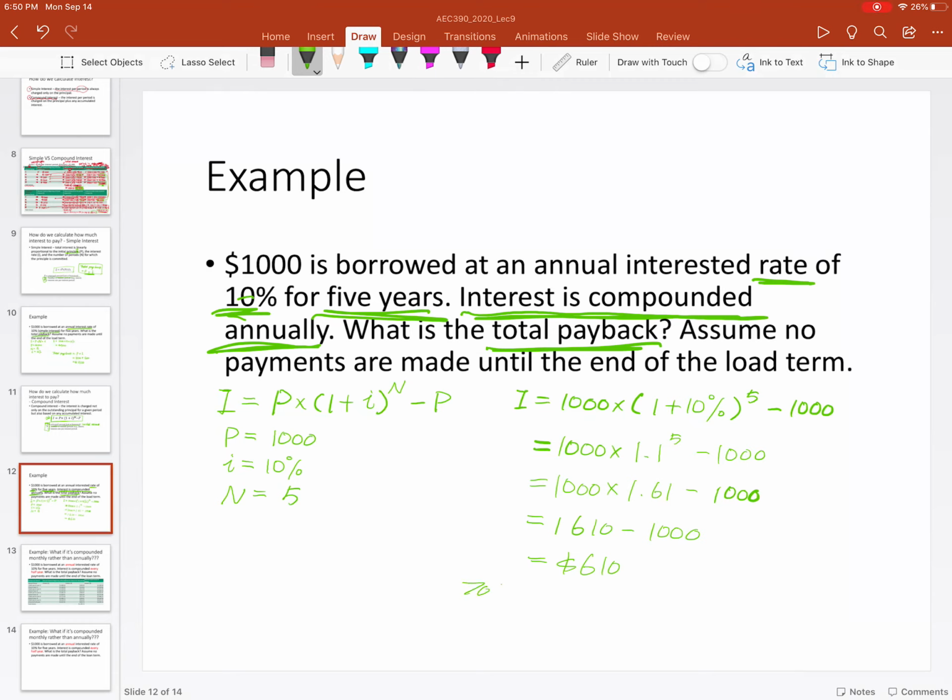And what is the total payback? What is the total amount you owe at the end of the 5 years? We said it's P plus the total interest, right? So P is what? 1,000. Total interest is 610. So the total amount you owe at the end of the 5th year is 1,610. Now let's go back to check these two numbers in the table.